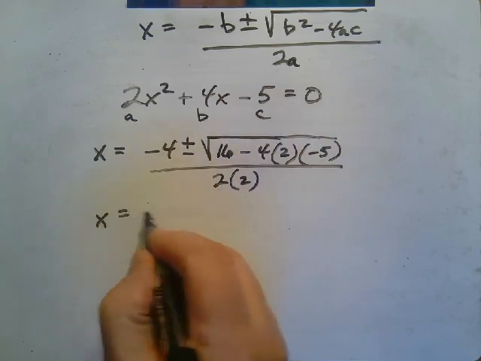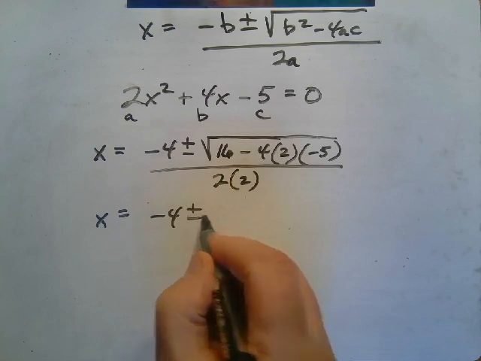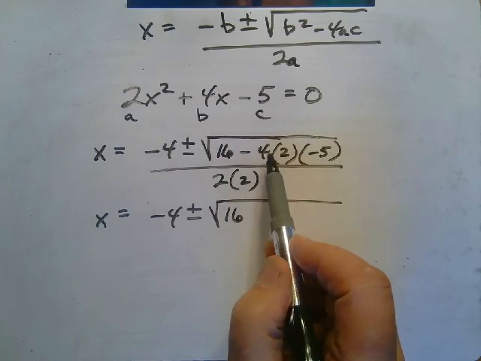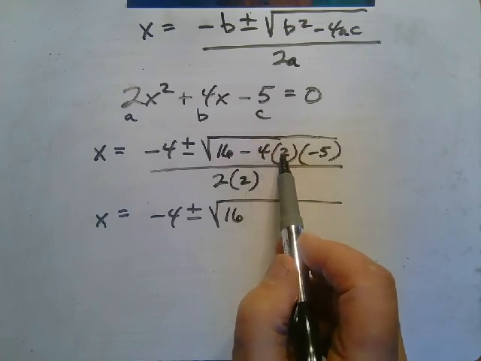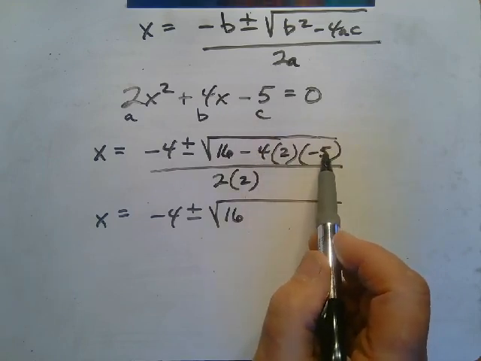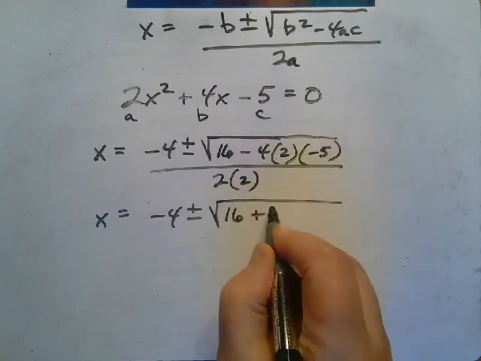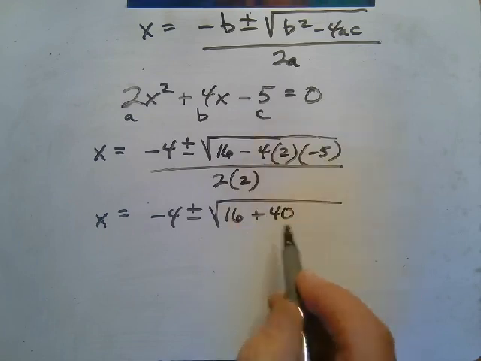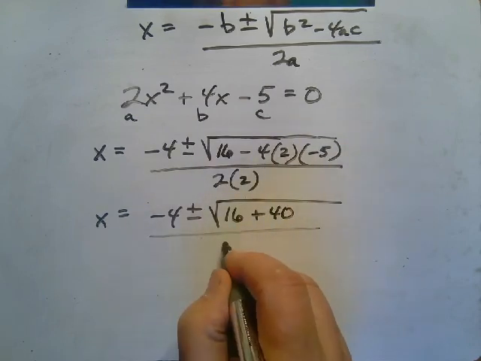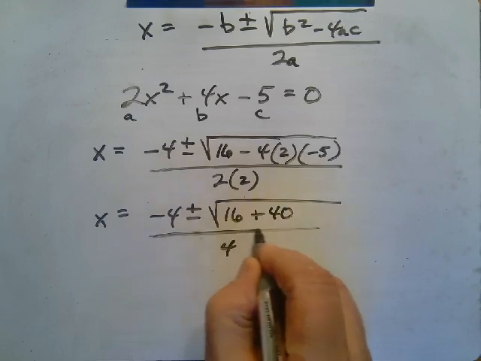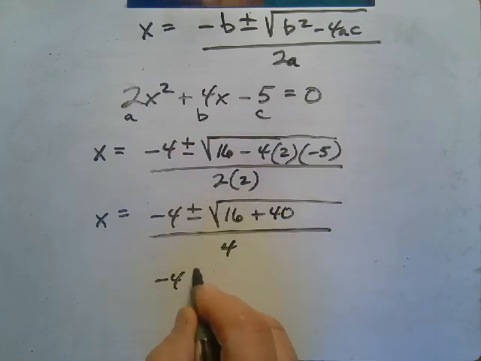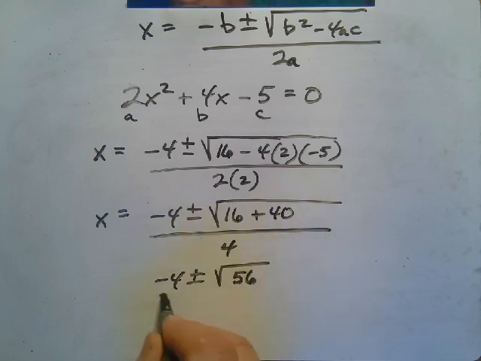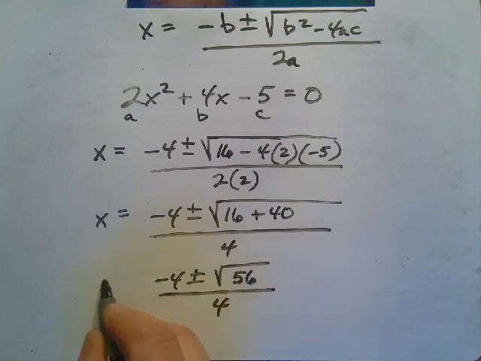Well, let's see what we get here. Negative 4 plus or minus the square root of 16. This is negative 4 times 2 is a negative 8 times a negative 5 is a positive 40. Positive 40? That's 10 and 4 is 40. Yeah, negative times negative is a positive 40 all over 4. 2 times 2. Or negative 4 plus or minus the square root of 56 all over 4.